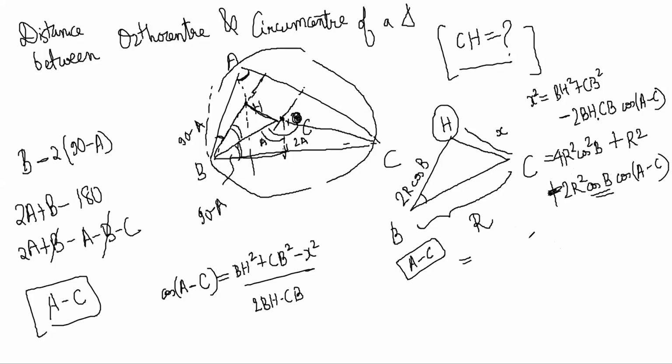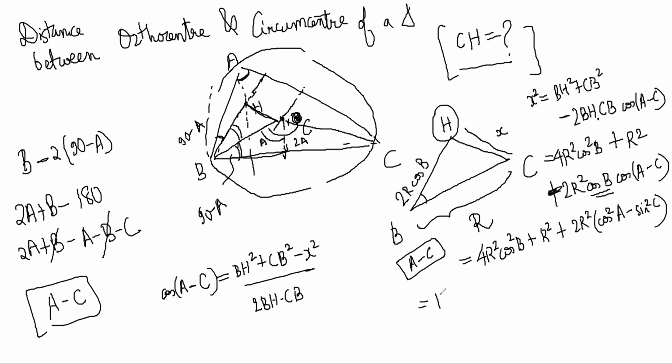So it will become 4R square cos square B plus R square plus 2R square cos A plus C into cos A minus C, which is cos square A minus sin square C. So you get 2R square cos square A minus 2R square sin square C.